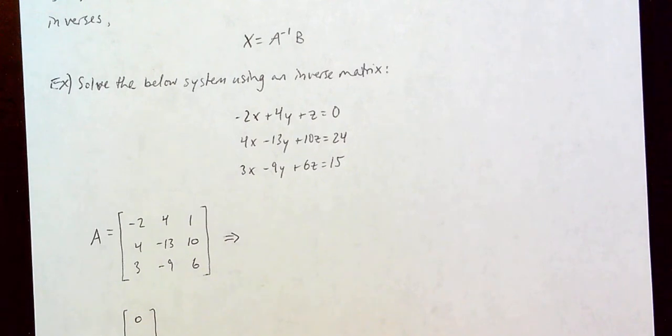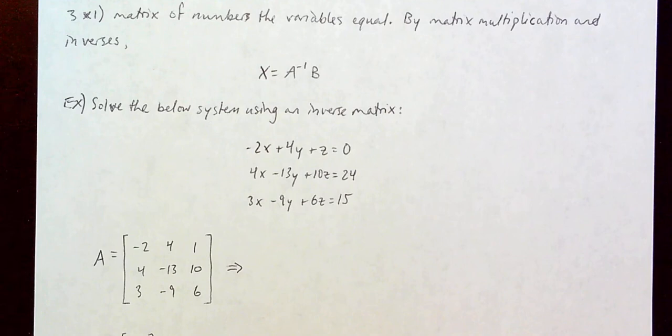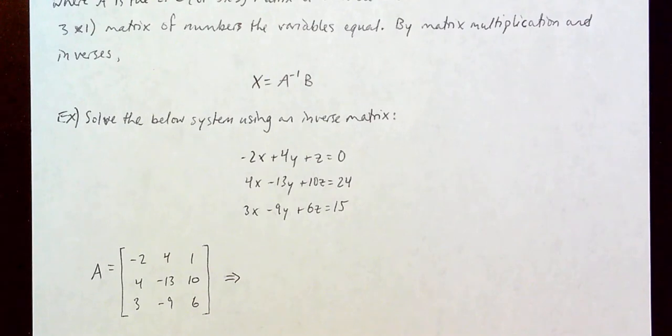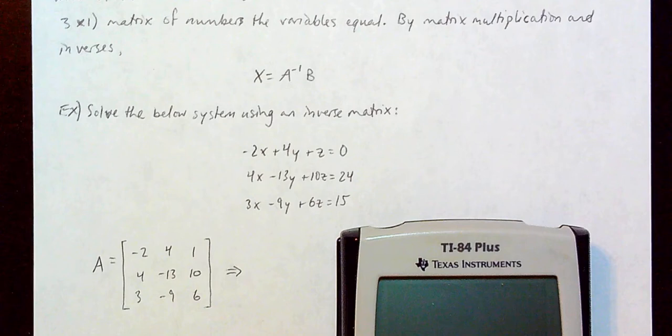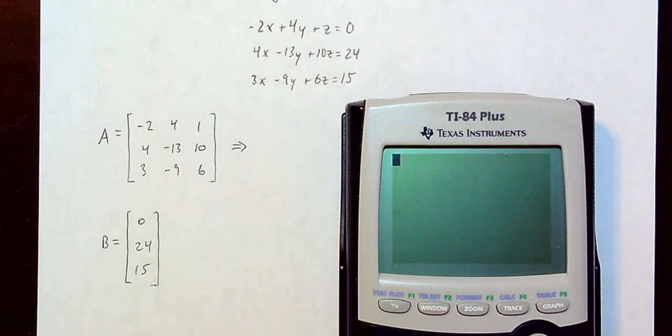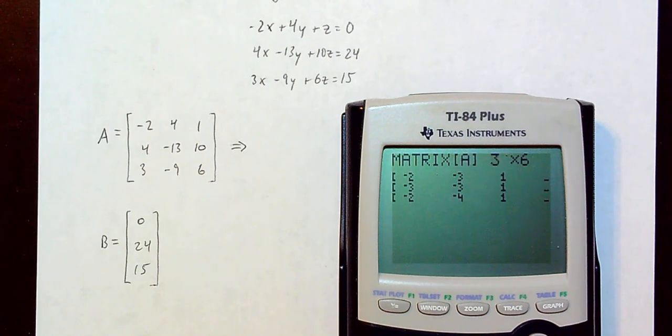Okay, well, we know that to come up with our answers for x, y, and z, I'm going to need the inverse of A. So we're going to do that same method that we just did. We're going to find what our inverse matrix is going to be here. So I need to change the entries. It's still a 3 by 6 matrix.